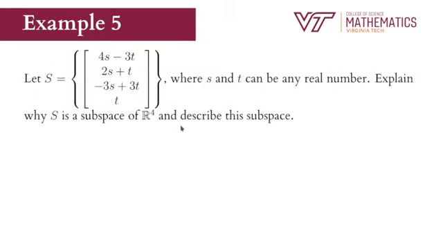I have this set here of vectors of the form 4s minus 3t, 2s plus t, negative 3s plus 3t, and t, where s and t could be any real numbers. Why is this a subspace? Well, I can rewrite S in this form. S is the set of vectors of the form s times (4, 2, negative 3, 0) plus t times (negative 3, 1, 3, 1).